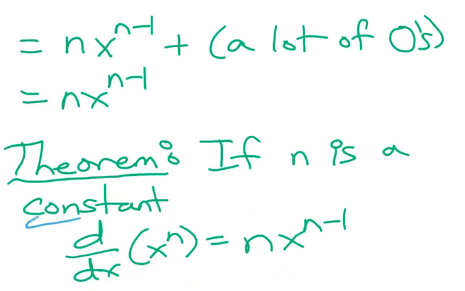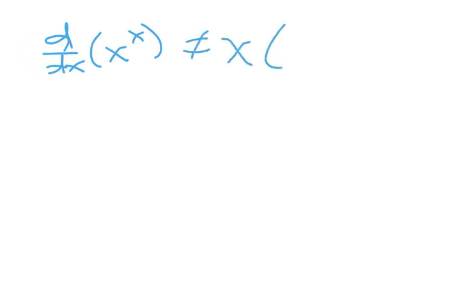But it is important that n is a constant. This is not saying that the derivative of x to the x, which is a function, is equal to x times x to the x minus 1. It's very important that what's inside here is a constant, not a variable.